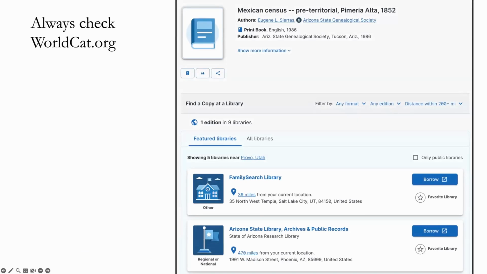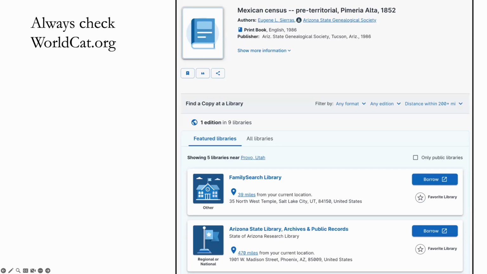Once you get into that category of books, you would probably do well to check with worldcat.org. WorldCat will give you a list of what's in the libraries. It's the catalog of the libraries' catalogs. So looking up this Mexican census that's in book format, we see that there's a copy in the FamilySearch Library and 5 other libraries.